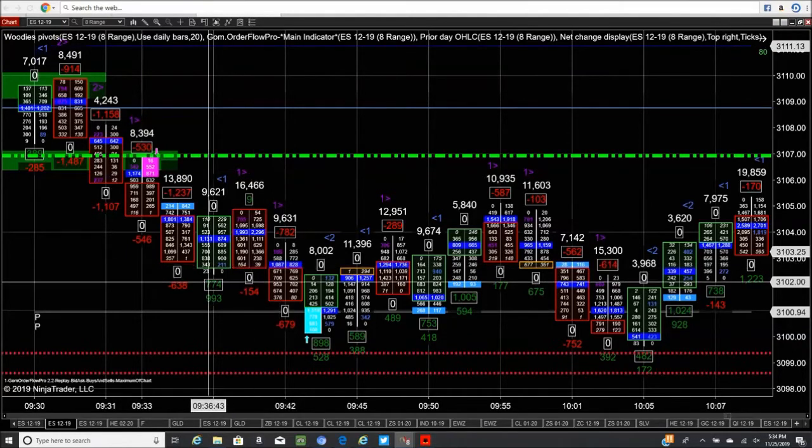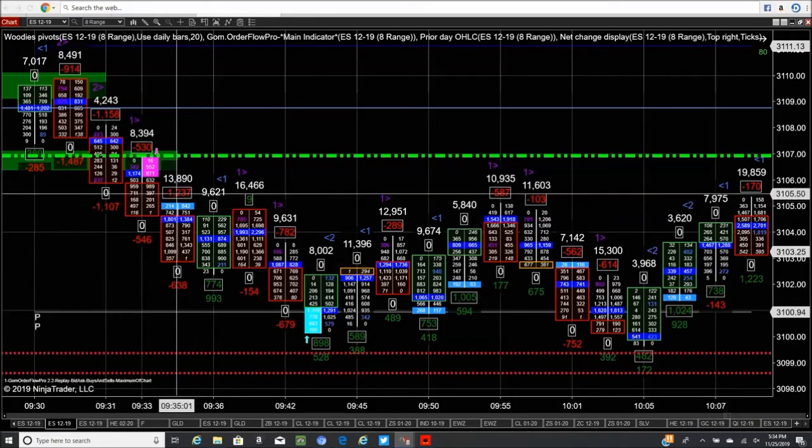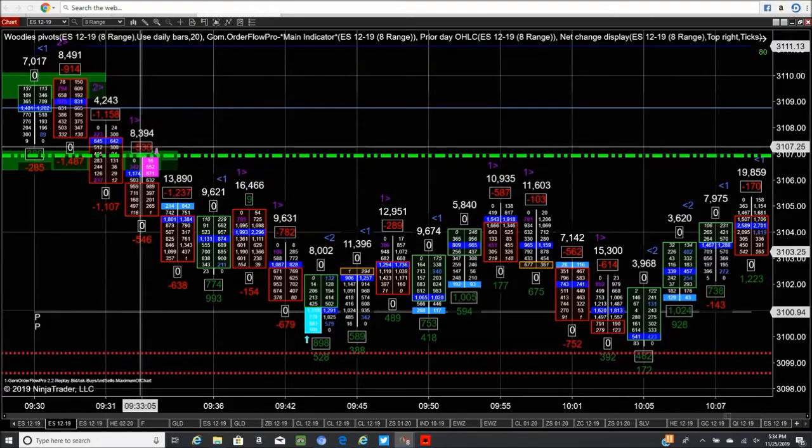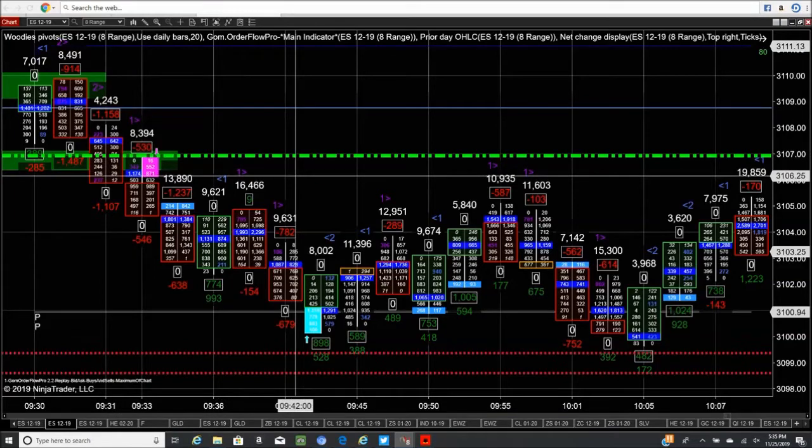The second thing is these boxes here, right? Anything that's in like this positive 774, this negative 1237, this negative 530, so on and so forth. That is the COT, C-O-T, or commitment of traders.